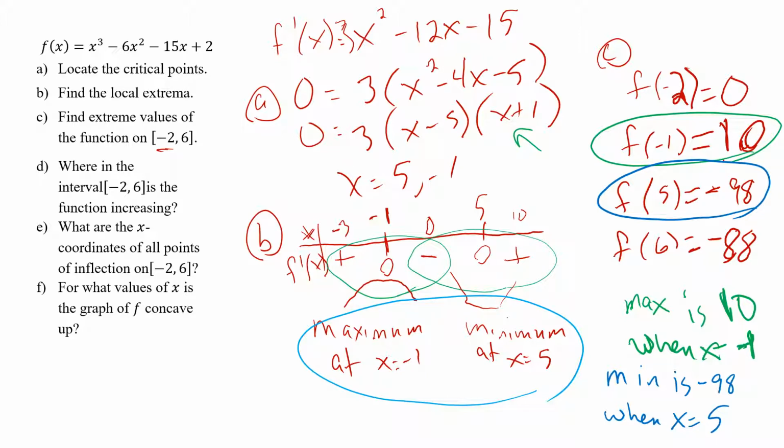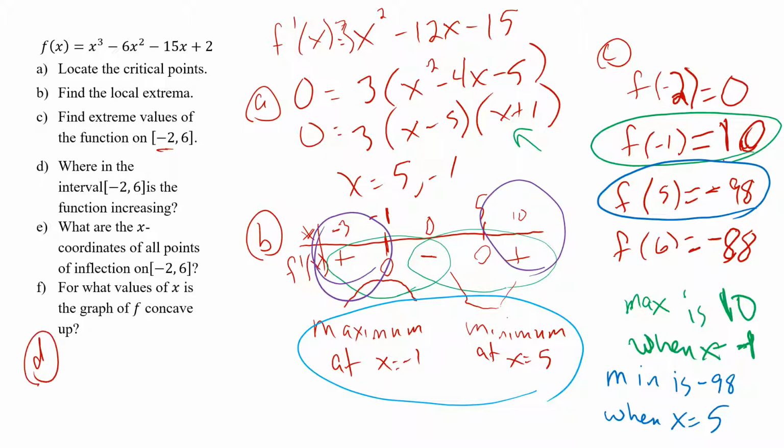Part D, where on the interval is the function increasing? I want to do this one before we move over because we already have this work done. Because we know it's increasing there and there. So we'll put it underneath the problem.